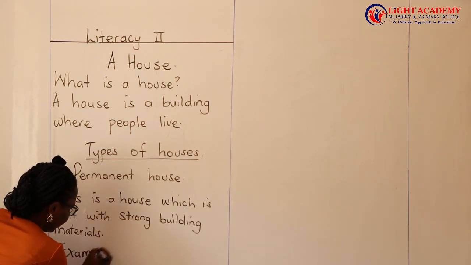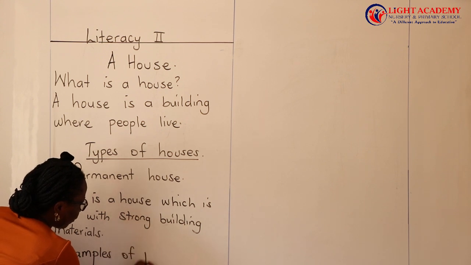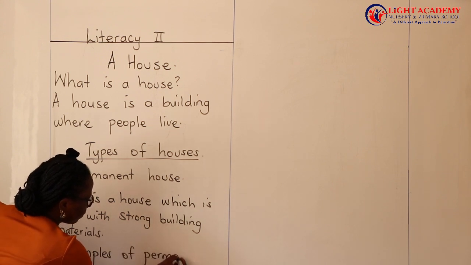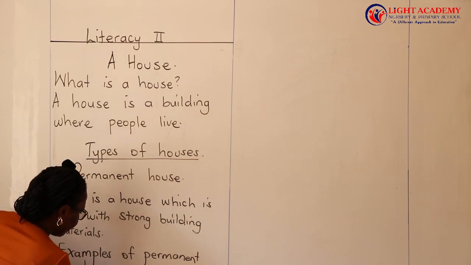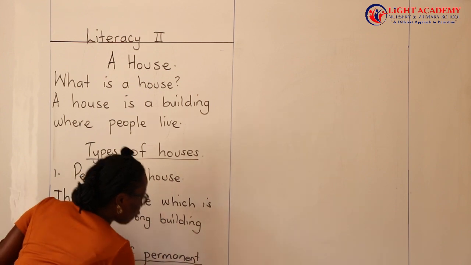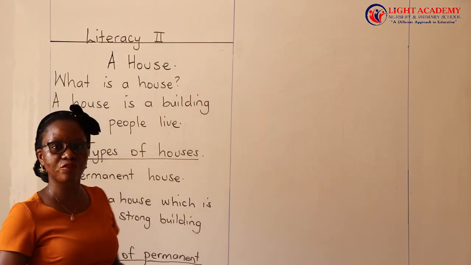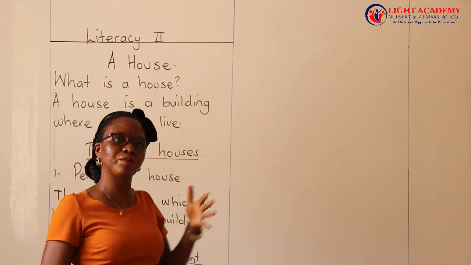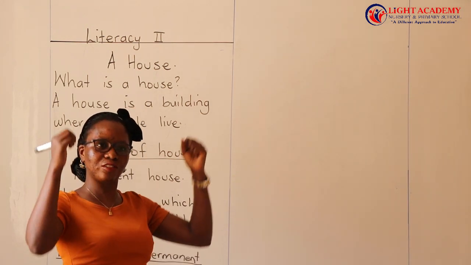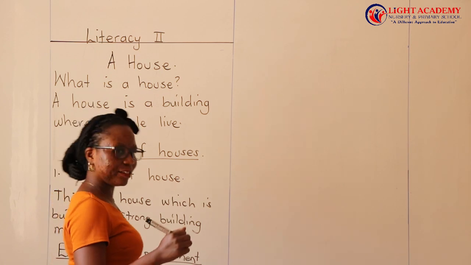Examples of permanent houses. They cannot be swept away by wind. Even if strong wind comes, even if floods come, they cannot be swept away. Why? Because they are built with strong building materials.